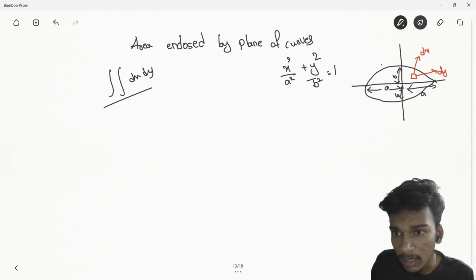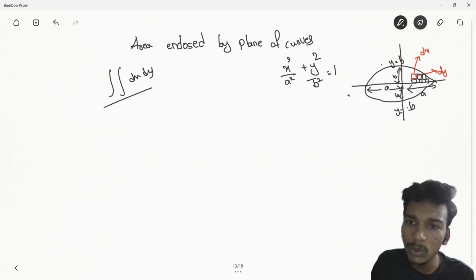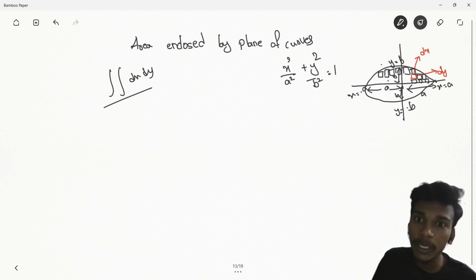If I'm going to add small areas like this in the whole region between these limits, y equal to minus b to b and x equal to minus a to a, if I'm going to add small rectangles like that, I'm going to get the approximate area of this curve, right?